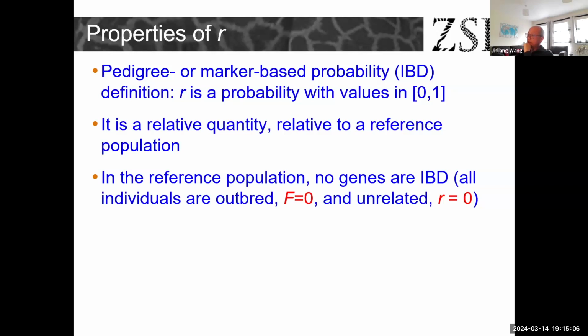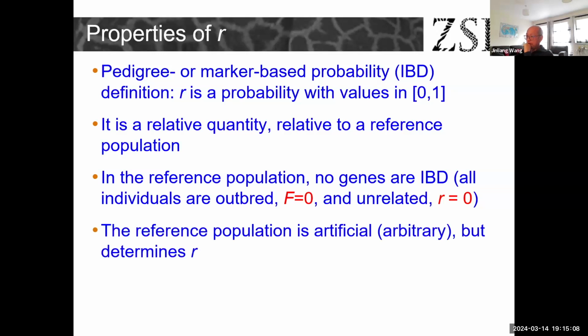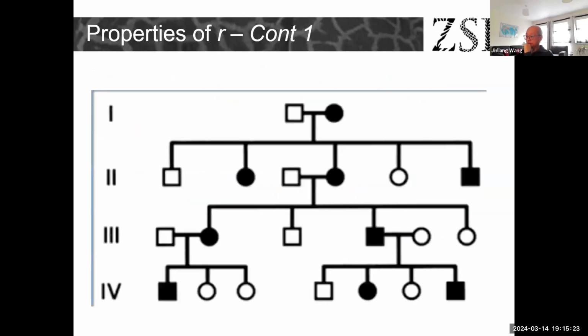That is, relatedness equals 0. Of course, the reference population is artificial. It is arbitrary, but it is important in determining R, as I will show you in the example later on.